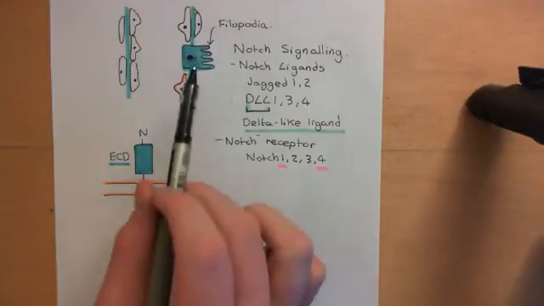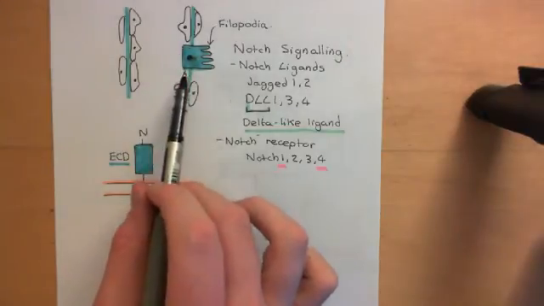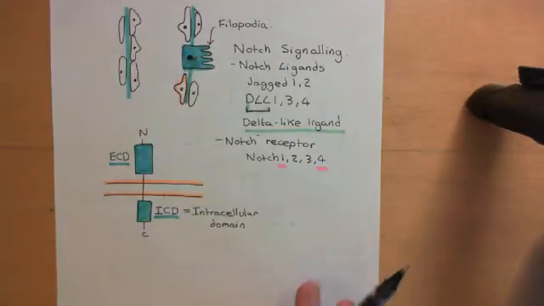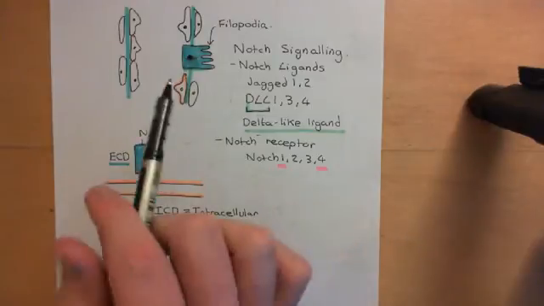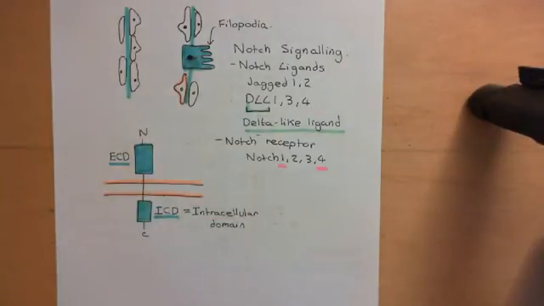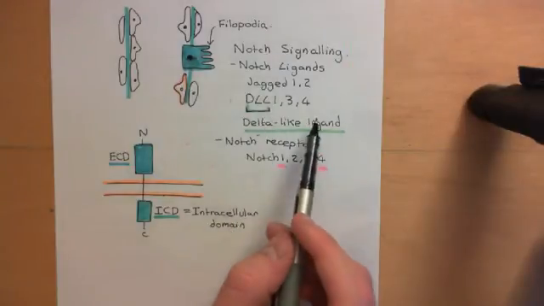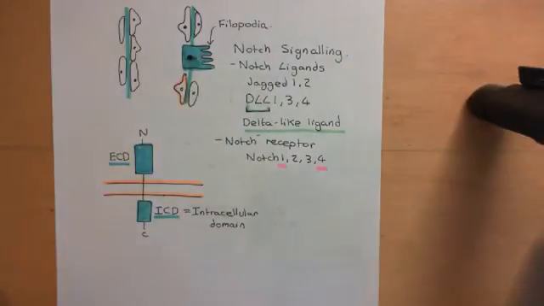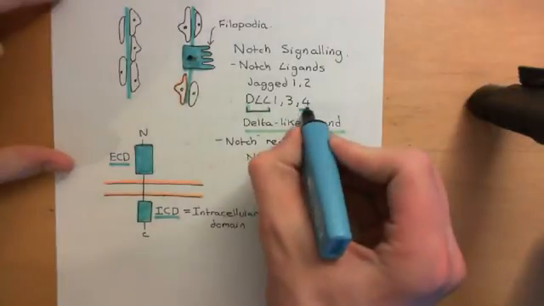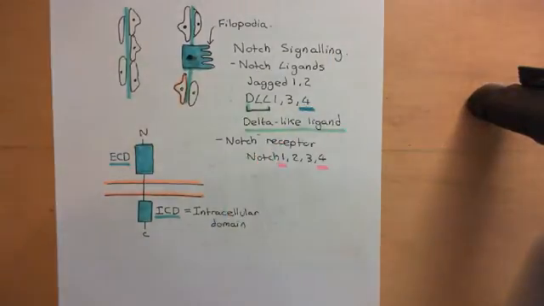However, these tip cells, once they have been acted upon by the vascular endothelial growth factor A and turned into this tip cell, are now going to start expressing a ligand for the notch receptor. They're going to start expressing one of these notch ligands, and the specific notch ligand that they start expressing is delta-like ligand 4. So the tip cells are going to start expressing delta-like ligand 4 on their surfaces.